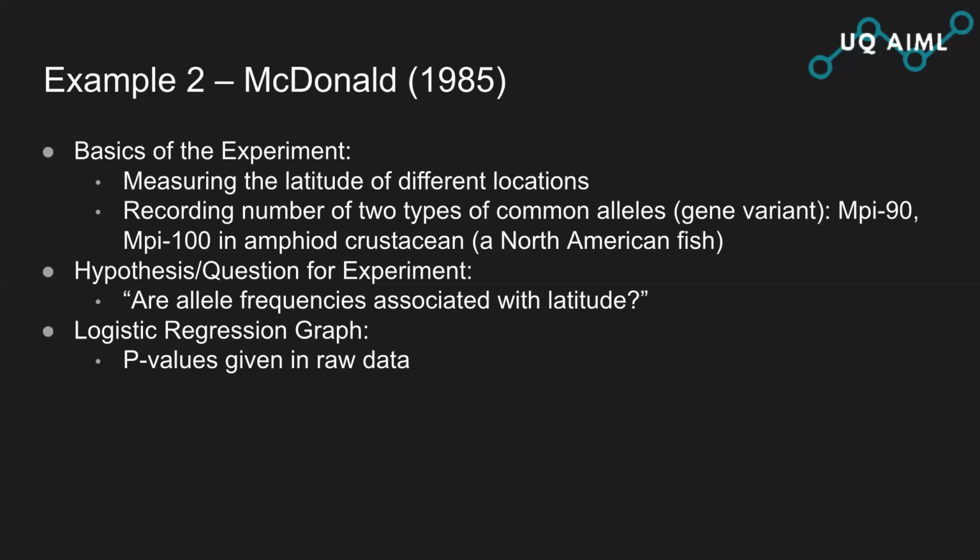They wanted to see the population of the alleles and gene variants in the fish. It goes over two types of genes or alleles, and that's going into multivariate logistic regression.